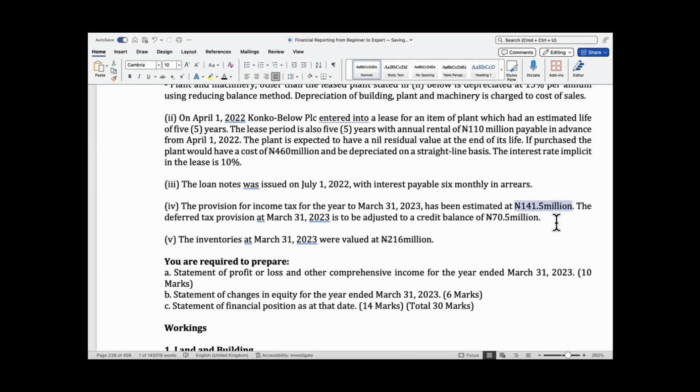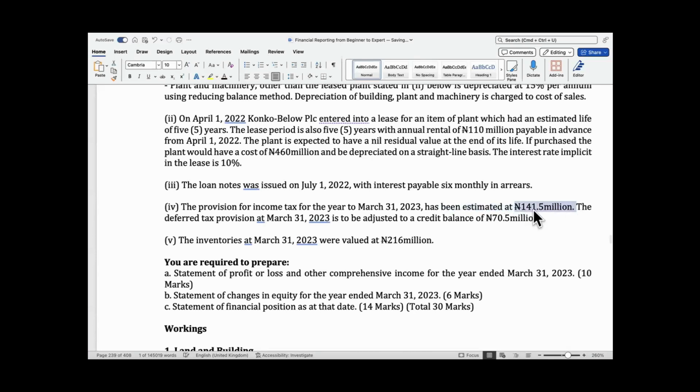But for this diet, it was an easy process. Current tax was not in the trial balance, which shows that we didn't have any over provision or under provision for current tax from the previous year. All we need to adjust for is the estimate of our tax for this year, which is 141.5.